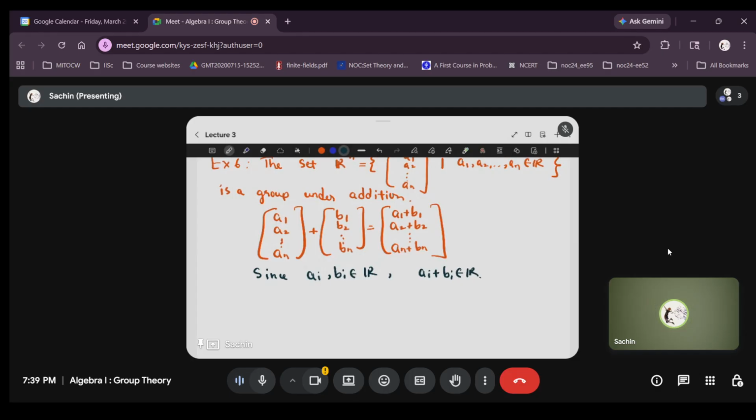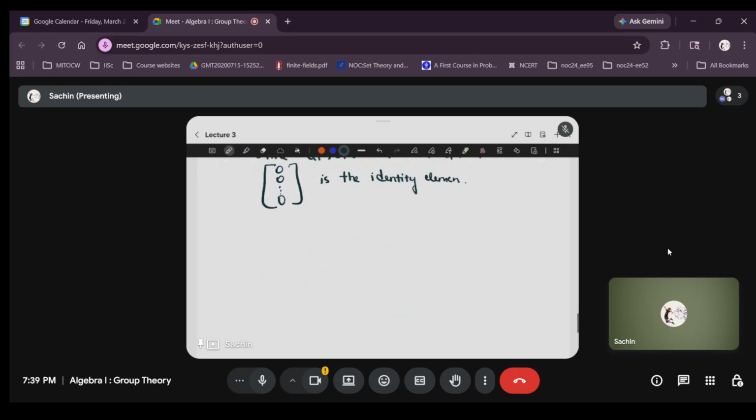Then since it's addition, the identity element is a vector of all zeros. And the inverse of the vector a1, a2, etc. an will simply be minus a1, minus a2, etc. minus an.